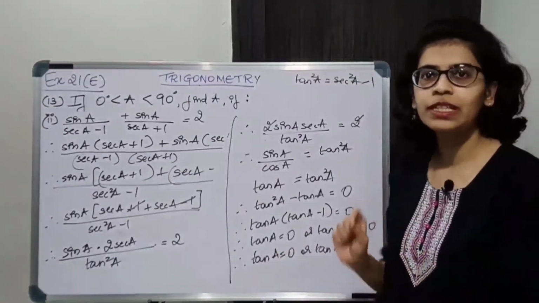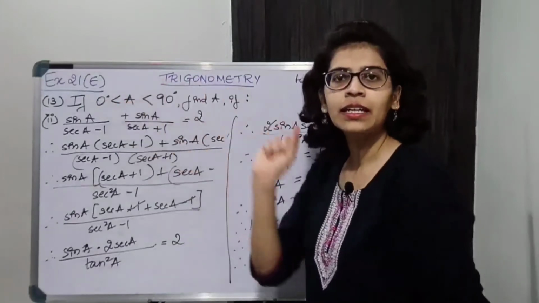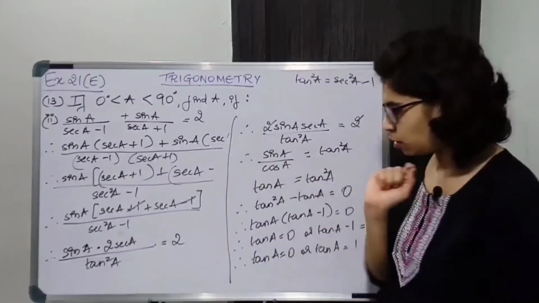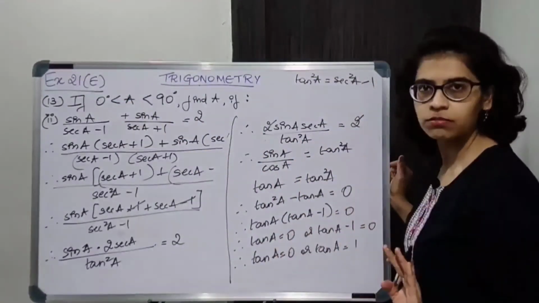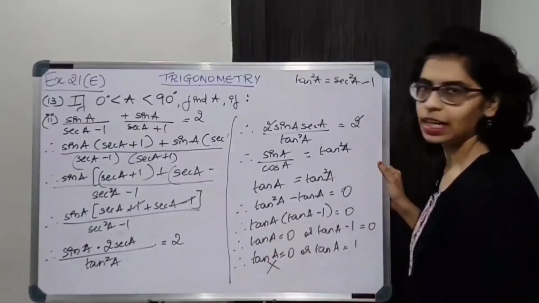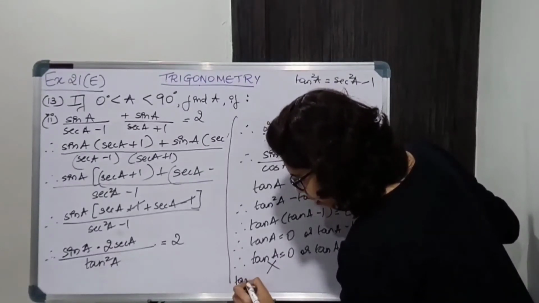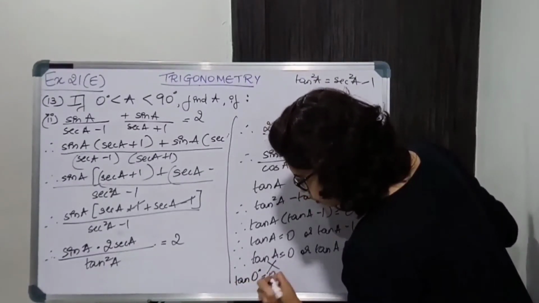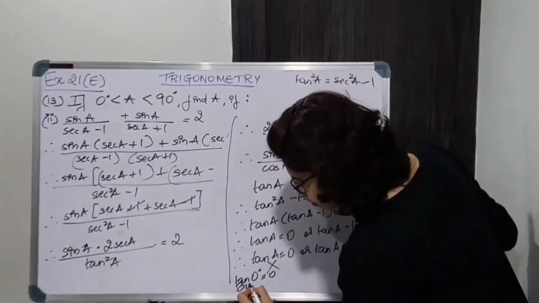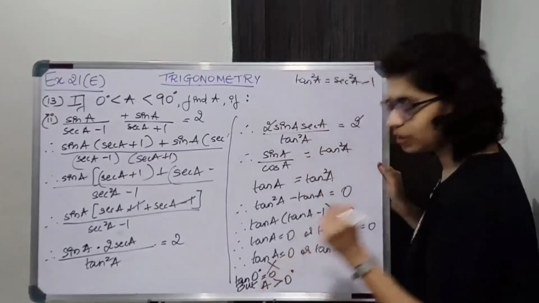If you check the table, tan of 0 is 0. But A is greater than 0, it cannot hold the value of 0. So this is wrong, it doesn't apply. You will neglect this, because tan of 0 is equal to 0, but A is greater than 0.